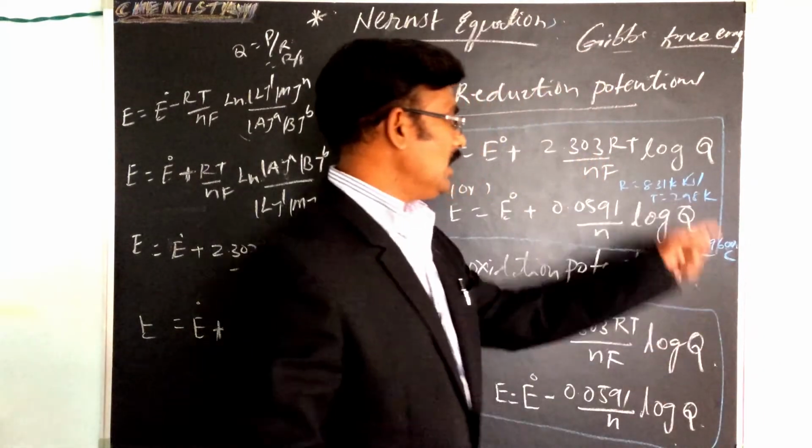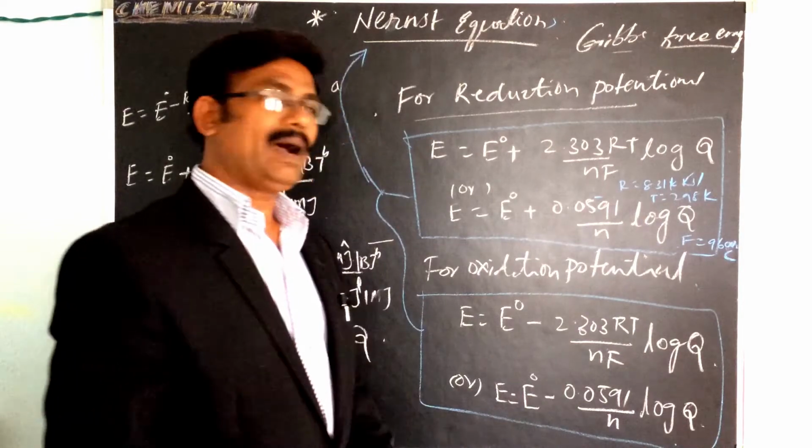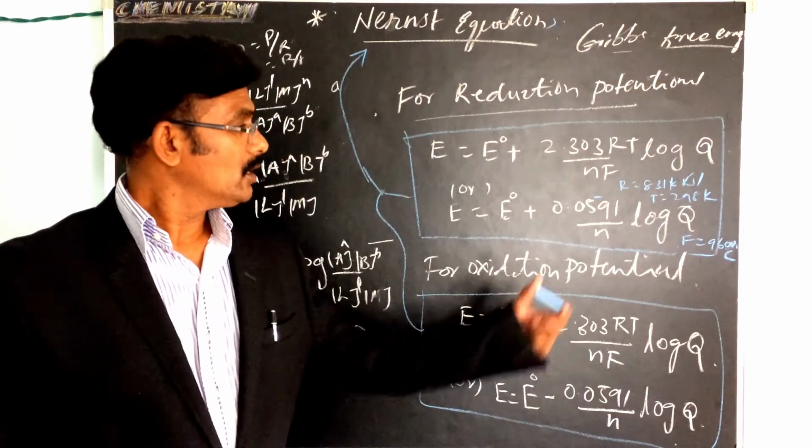If you substitute all these values in this equation, we will get 0.059 by N log Q.